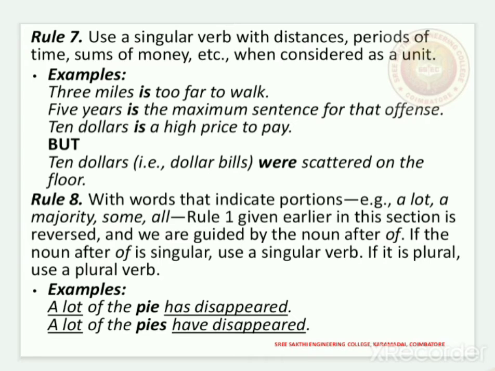If the noun after of is singular, use a singular verb. If it's plural, use a plural verb. Okay, for example, a lot of the pie has disappeared. Second one, a lot of the pies have disappeared.